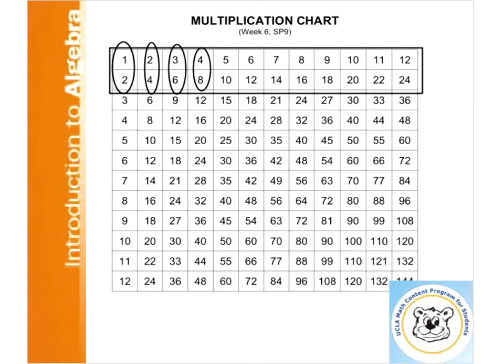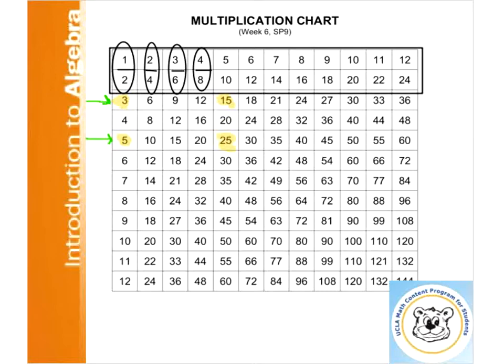I think we can also use this chart to find lowest common denominators. If I have 2/3 and 3/5 and I want to find the least common denominator, I can just go down row 3 and row 5, and figure out that 15 is going to be the lowest common denominator. So that's kind of the idea for the multiplication chart.